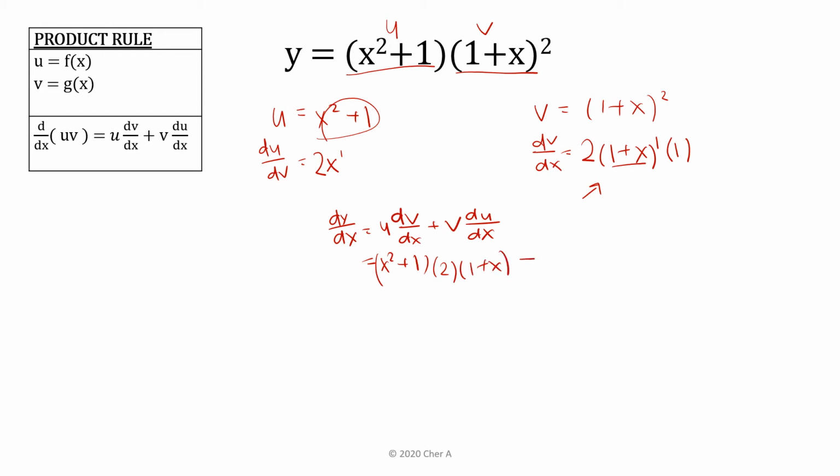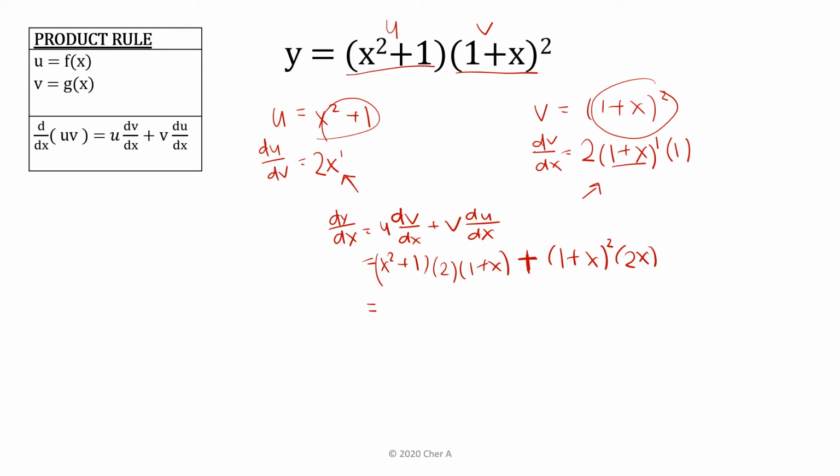And then plus my v here, which is (1 plus x) squared, and then my du dx here will be 2x. So it really helps before you start your product rule to identify your u and your v first, and then you differentiate each of them, then you put everything together.